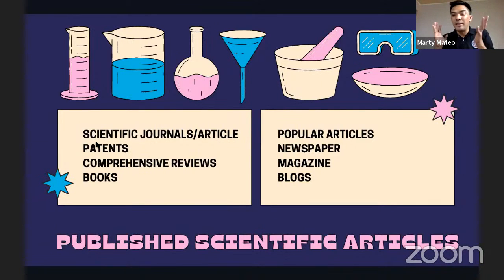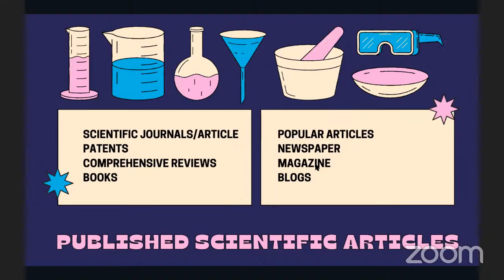So since we treat our classrooms as scientific community, more or less we are required to do scientific journal writing, laboratory reports, and comprehensive reviews. But for popular articles, which is intended for the mass or for people with no prior knowledge of science or not inclined with science, they can get their information from popular articles, news articles, magazines, and blogs.